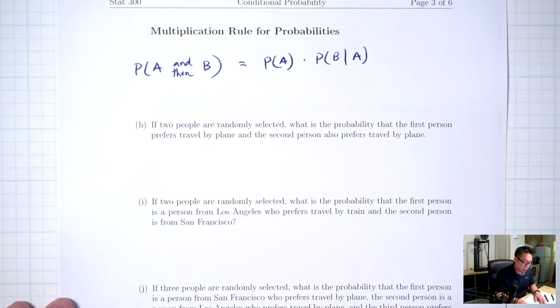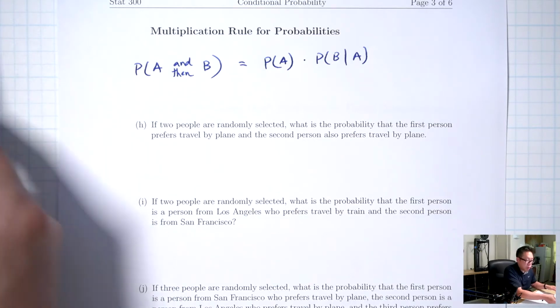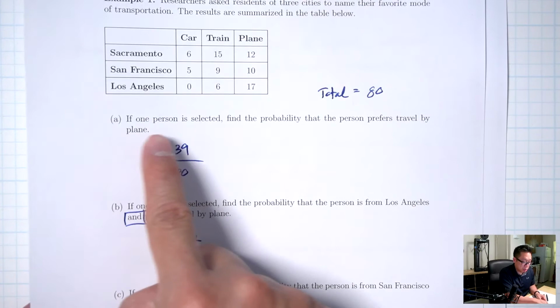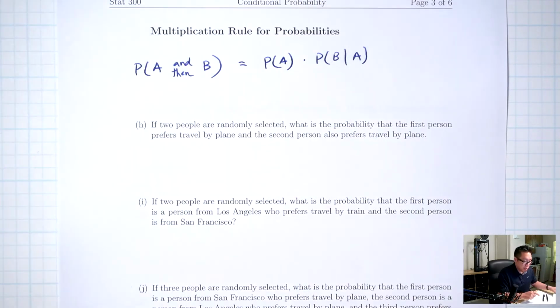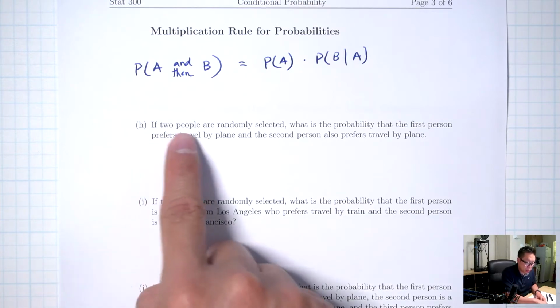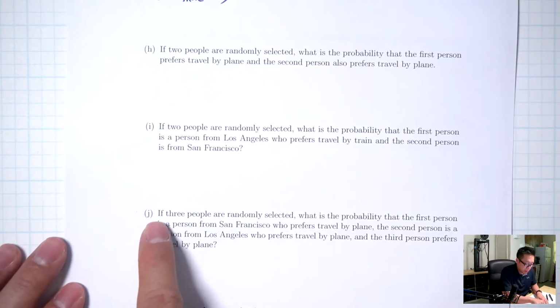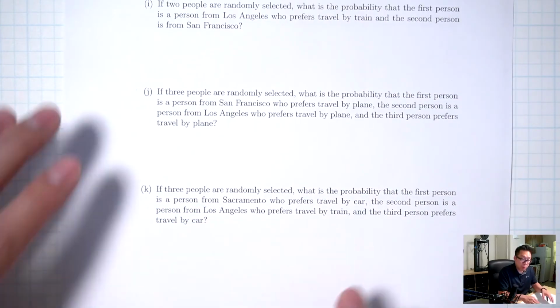So part H. If two people are randomly selected, what is the probability that the first person prefers travel by plane and the second person also prefers travel by plane? All right. So up to now, every question we've looked at has said if one person is selected. The new thing on this page is that we are selecting two people, three people, so multiple people.